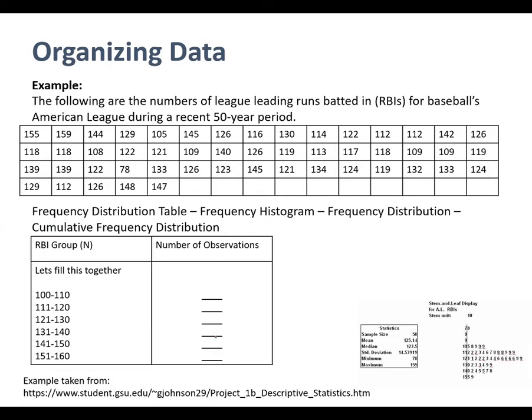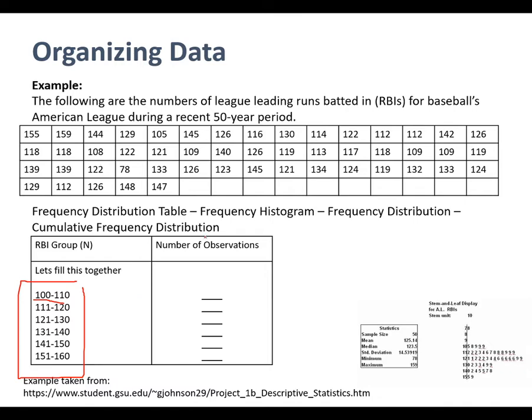So here, when we have numbers over a 50-year period of these RBIs, all we have to do is go ahead and count the number of observations. I'm going to do one of them very fast, so as to move on, I don't want to make this video boring. So here we divided our variable into different categories. Each category is 10 points, 10 RBI points. So for example, from 100 to 110, all we have to do is simple counting.